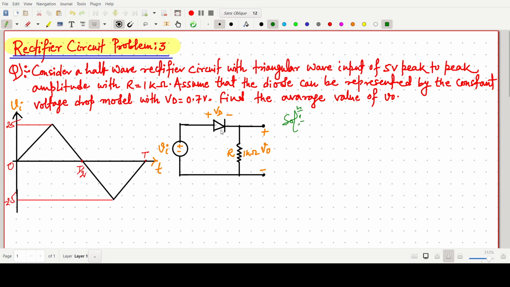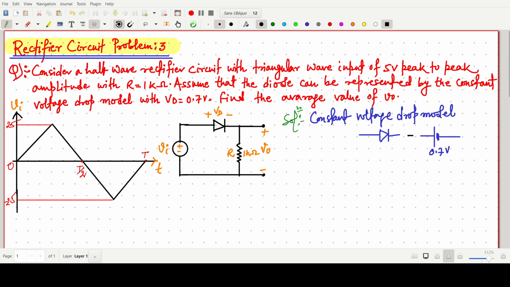Here in the question, the constant voltage drop model is already given. It means that if this is a diode, the diode conducts only when the voltage reaches 0.7 volt, which means the cut-in voltage for this diode is 0.7 volt.